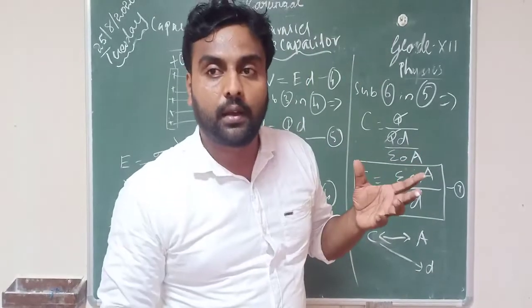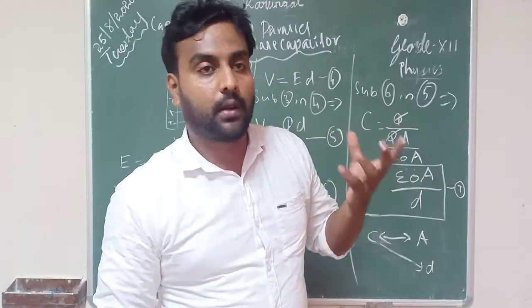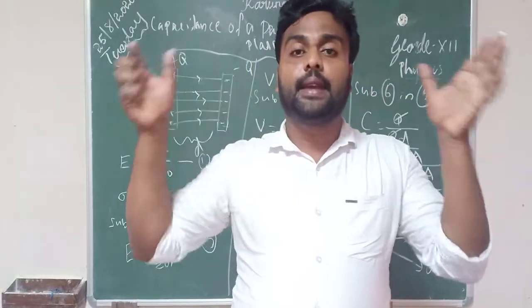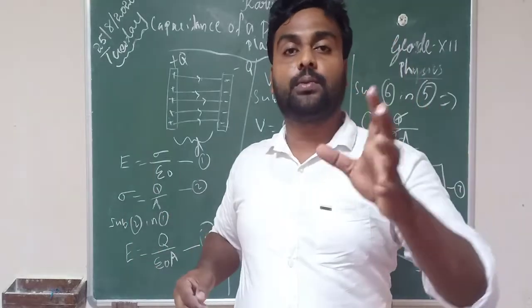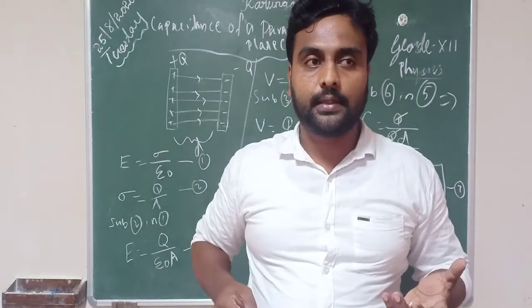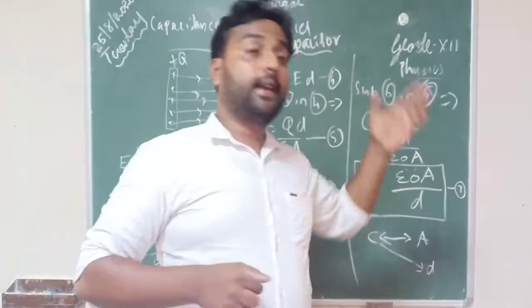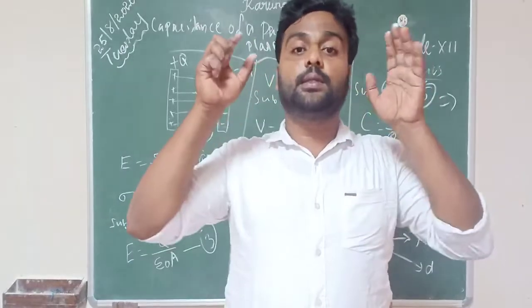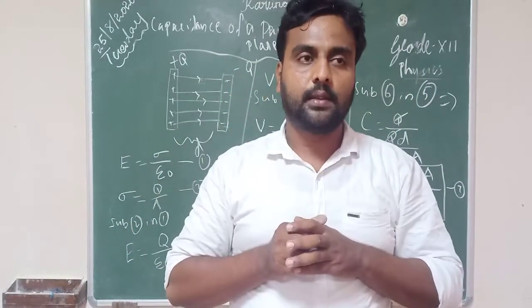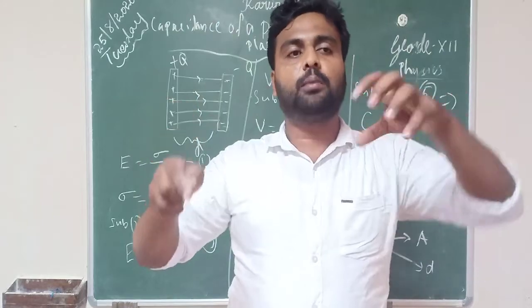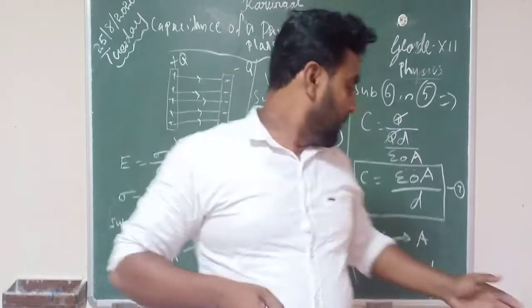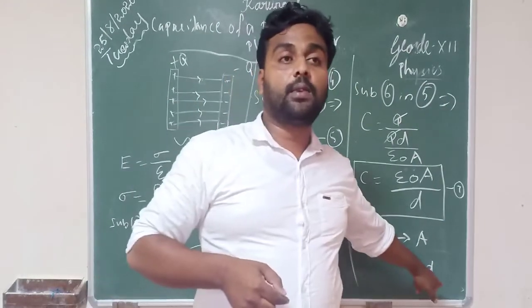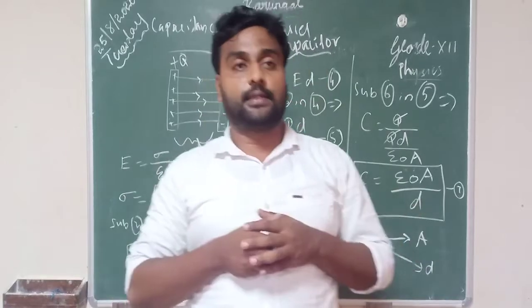It means, area increases, capacitance of the capacitor also increases. Area decreases, capacitance also decreases. So the more plate area we use, the more charge we can store. And it is inversely proportional to the distance.